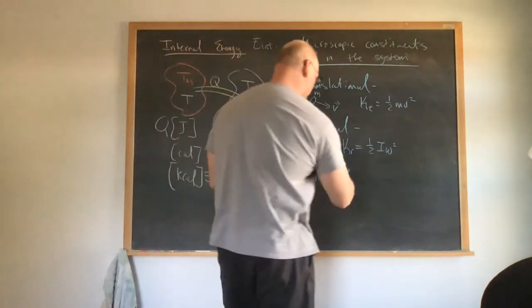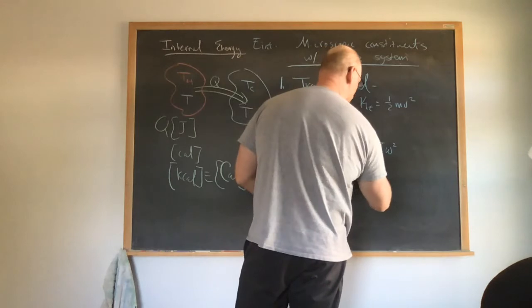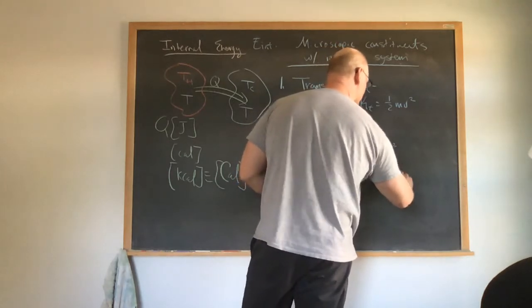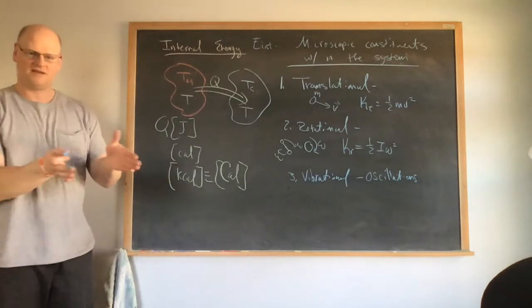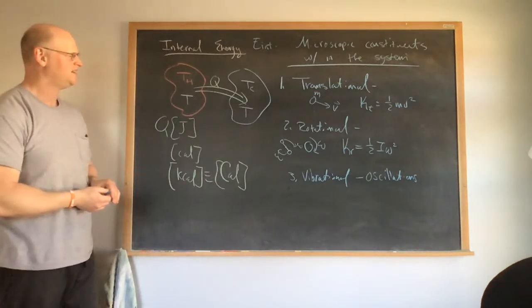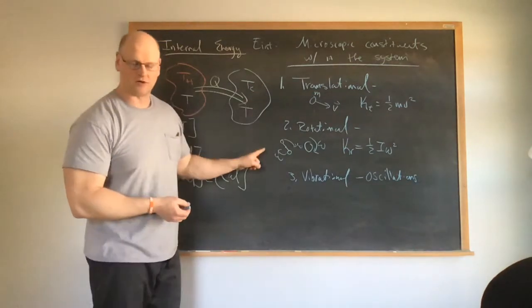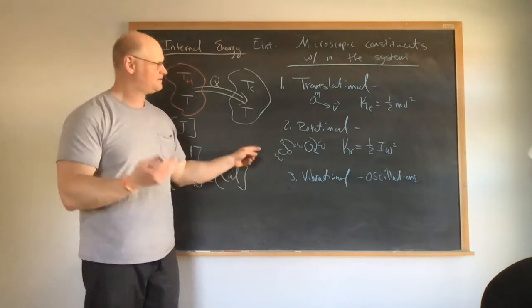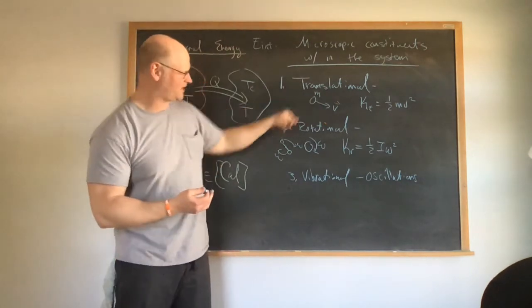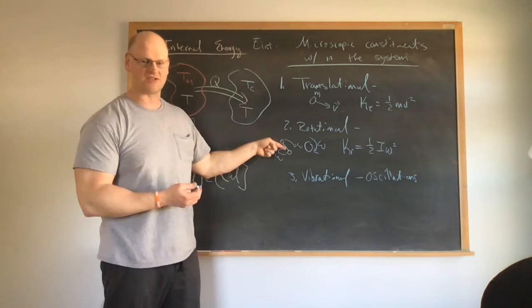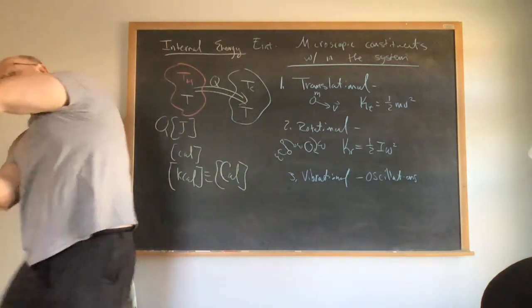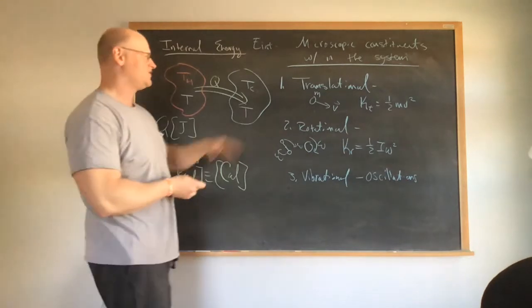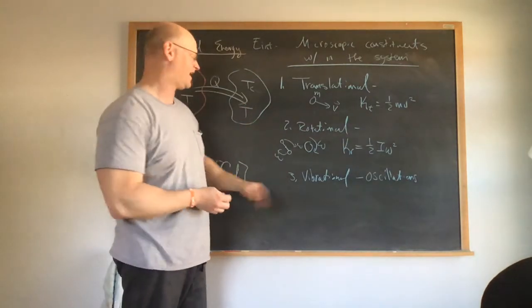This has to do usually with some sort of oscillations about equilibrium positions. Now, notice that the particle can be doing all three of these, right? It can be moving with translational kinetic energy while rotating with rotational kinetic energy and vibrating. So it's moving and twisting and rotating and doing all kinds of fun stuff. So it can have a combination of all three of these kinetic energies.